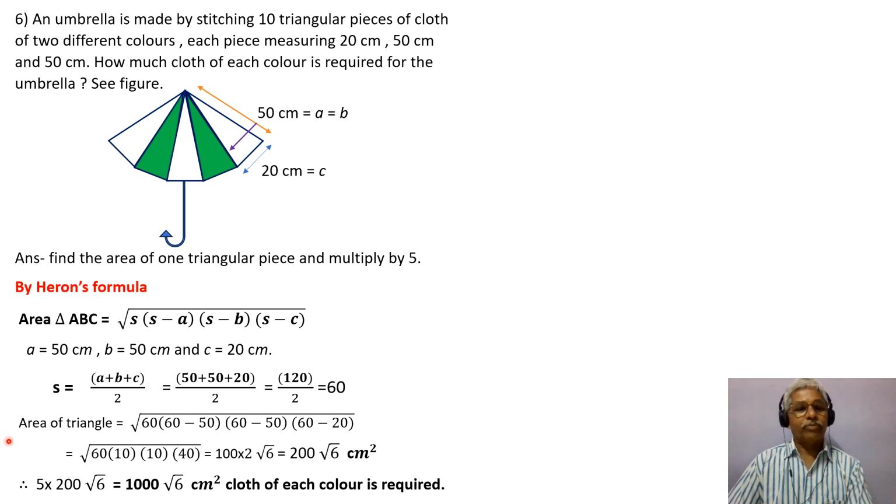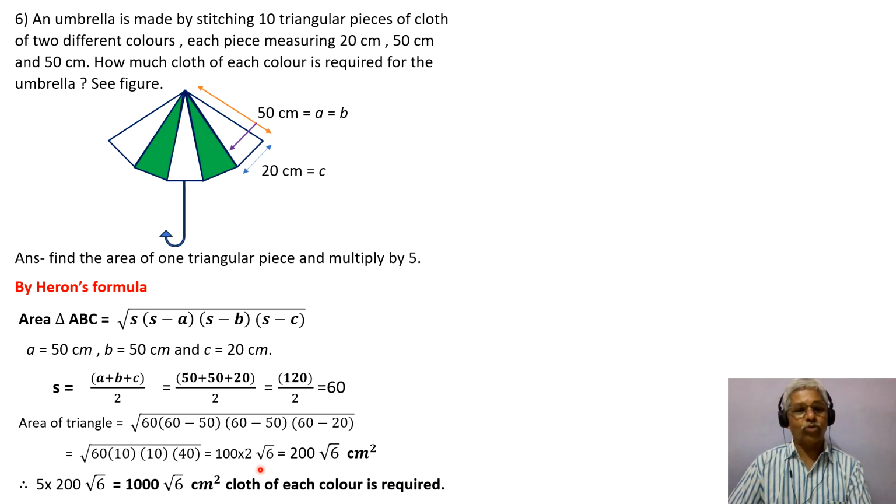Now substitute, area of triangle equals root of 60 into 60 minus 50 into 60 minus 50 into 60 minus 20. So that comes out to be equal to root of 60 into 10 into 10 into 40. So all these four zeros will come out as 100, and this will come as a 2.